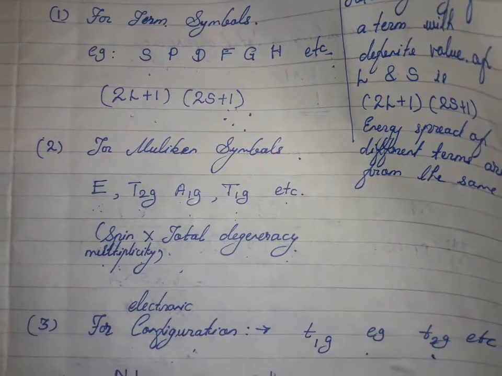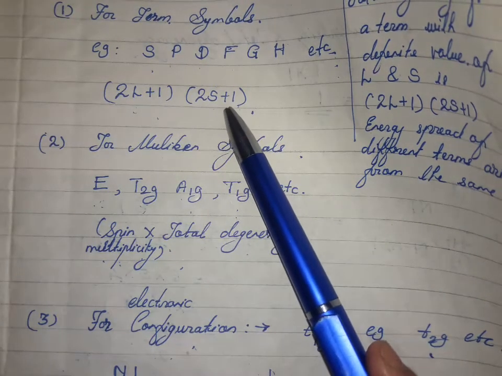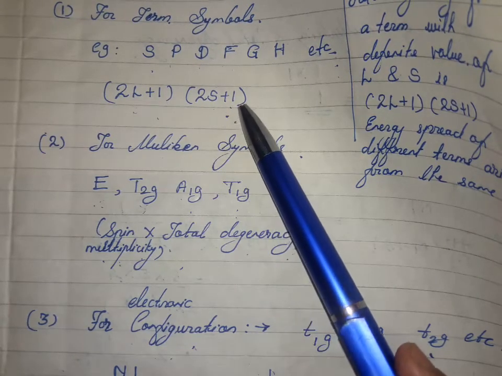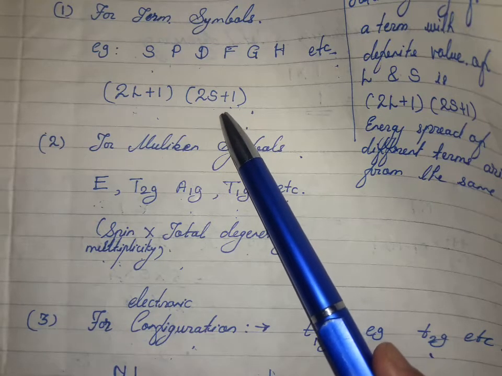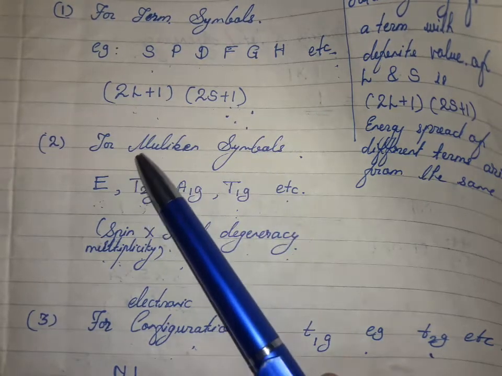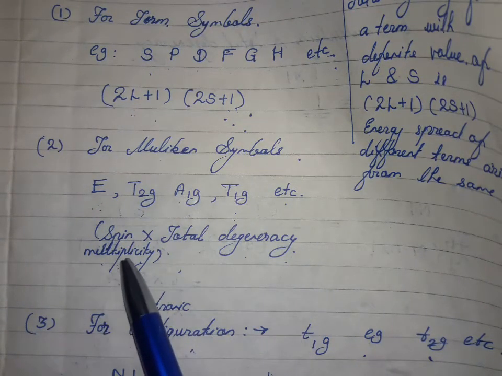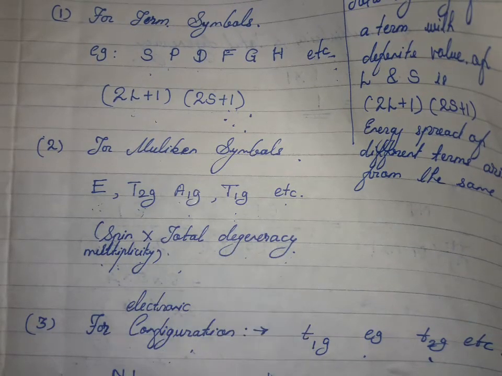As we have already seen in the Russell-Saunders terms, spin multiplicity is 2S plus 1, that is, spin type of interaction or spin coupling. For Mulliken symbols, we calculate degeneracy as spin multiplicity into total degeneracy.